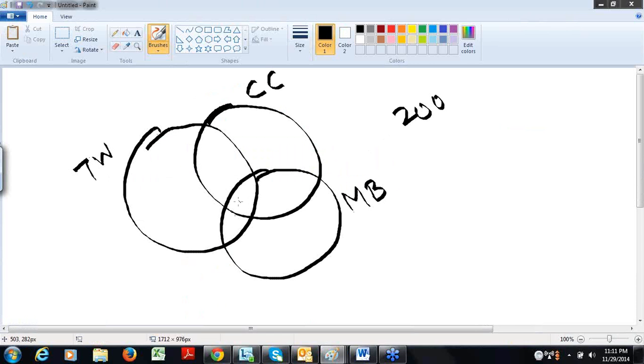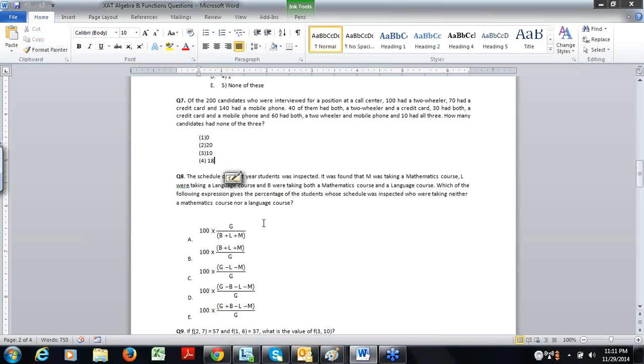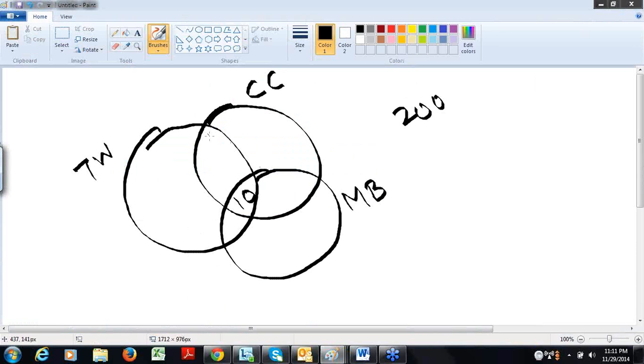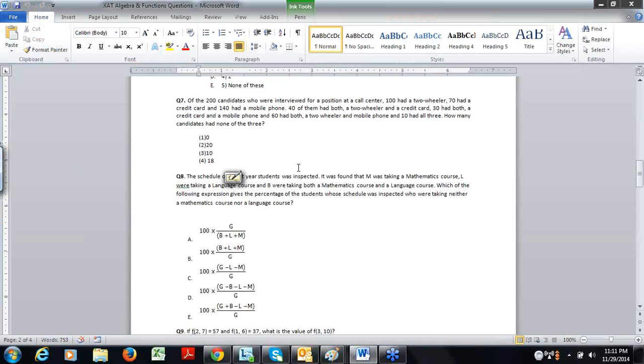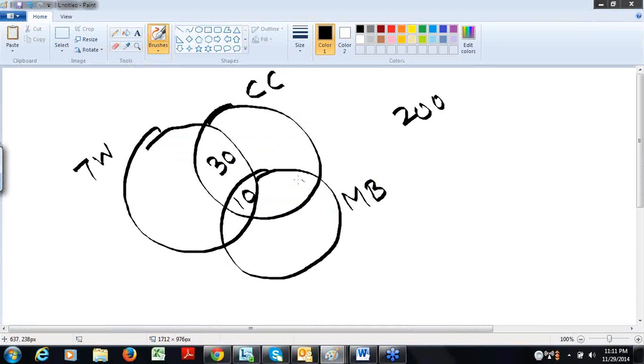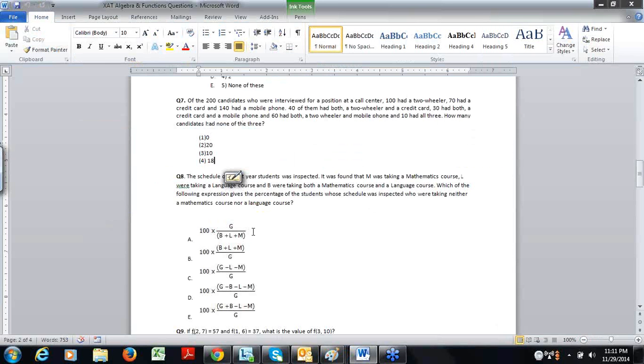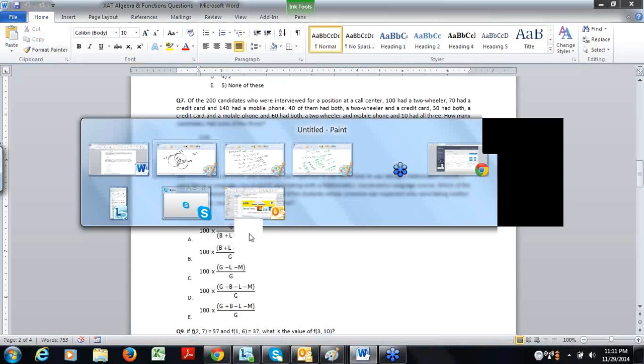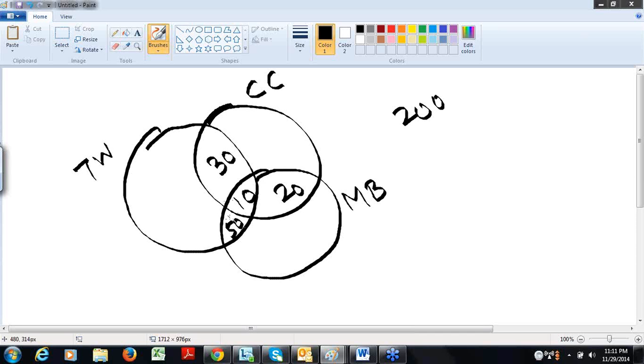They are saying all three is 10. Two-wheeler and credit card is 40, so this is 30. Credit card and mobile phone is 30, so this is 20. Two-wheeler and mobile phone is 60, so this is 50. And they are saying 100 had a two-wheeler, so only two-wheeler is 10.